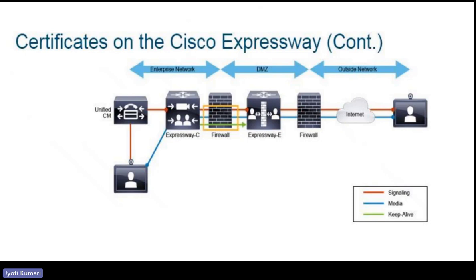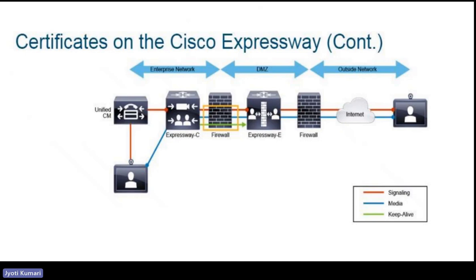So let's suppose there's a firewall in between, and we have Expressway C and Expressway E. So we have an enterprise network, then we have the DMZ zone and outside network. To secure these connections, it is important to have certificates on the Expressway C and E, and it is a prerequisite also. So in the collaboration networks, like in this type of architecture, it is important to secure all enterprise network information.